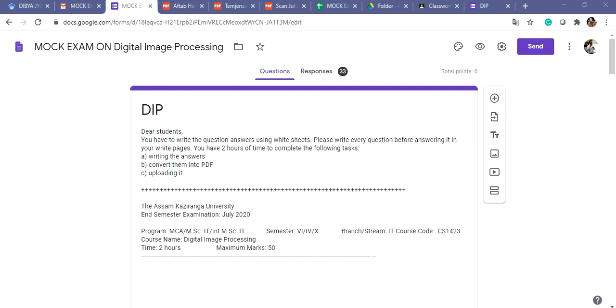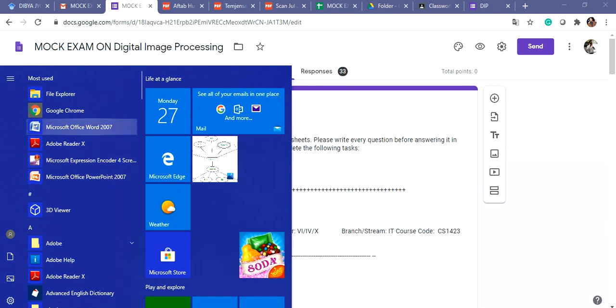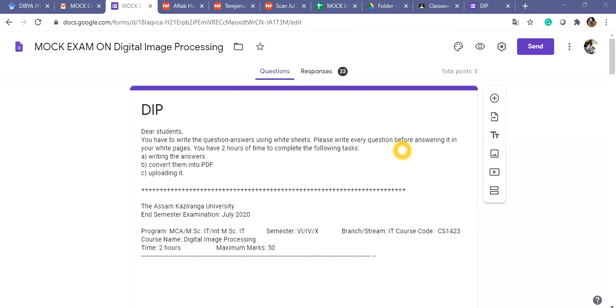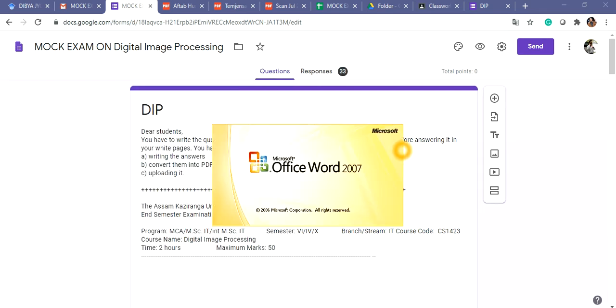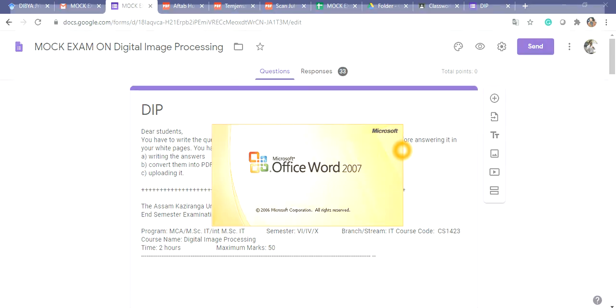For that, I want to give you a quick idea: just open one Word document, and there first attach the pictures of the answers that you have written on the blank sheet, and after that, with respect to every practical question, insert the screenshot pictures that you have taken.